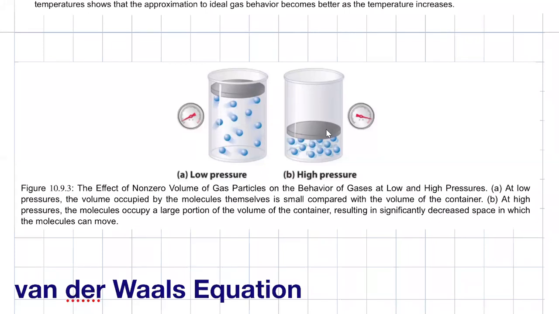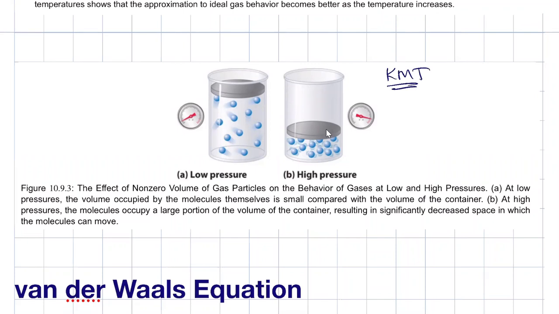Yeah. So the percentage of volume that the low pressure molecules take up out of the entire volume of the container is a lot lower. But because there's less total volume in the container for the high pressure picture, the volume of the molecules themselves takes up a higher percentage.